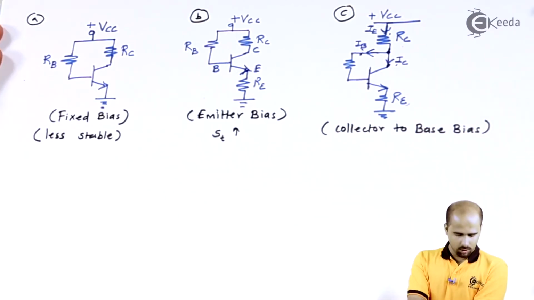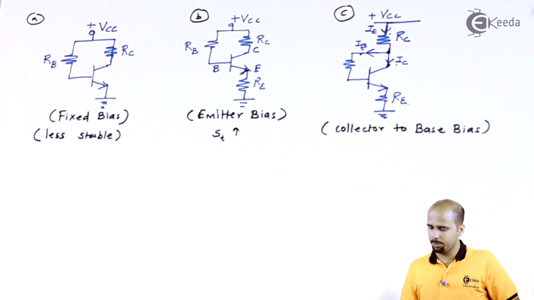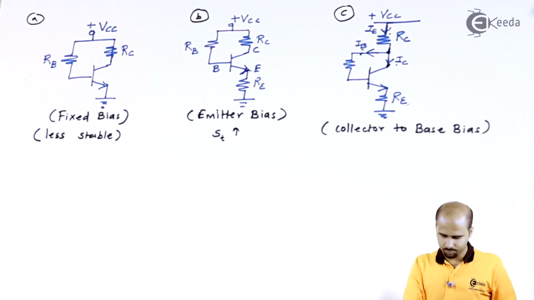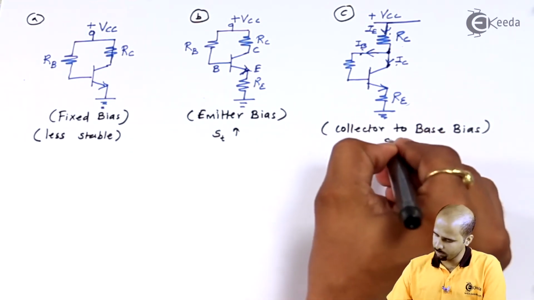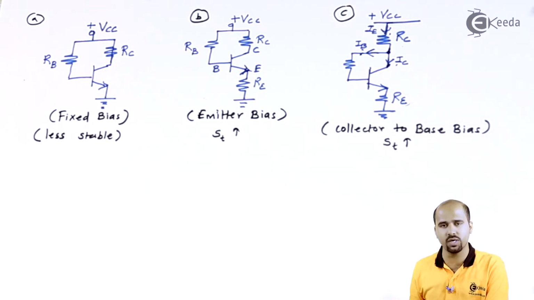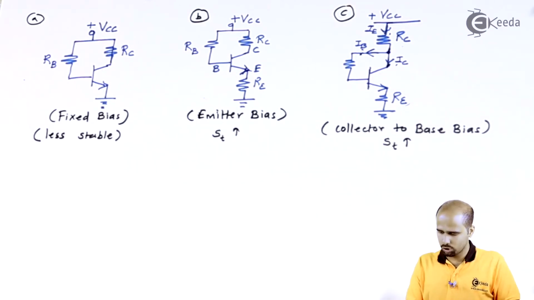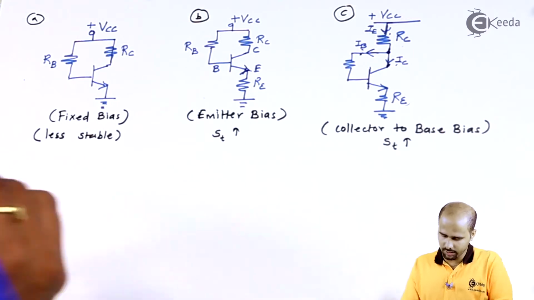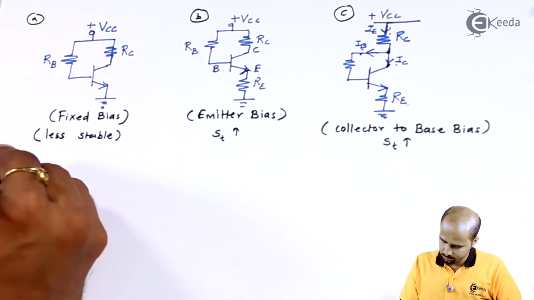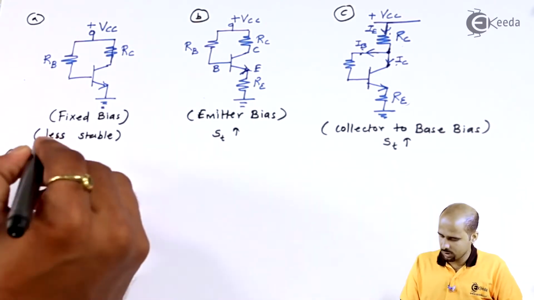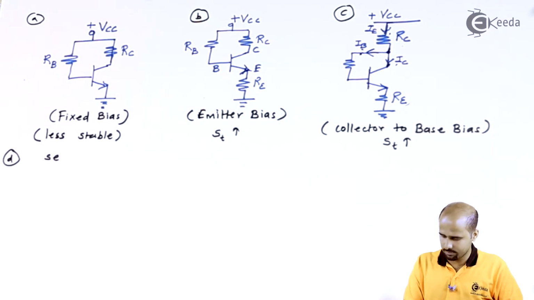Now we will learn the circuit which is more immune to instability. Obviously here as well stability increases. So the third and fourth circuits we will learn, the first being self bias.